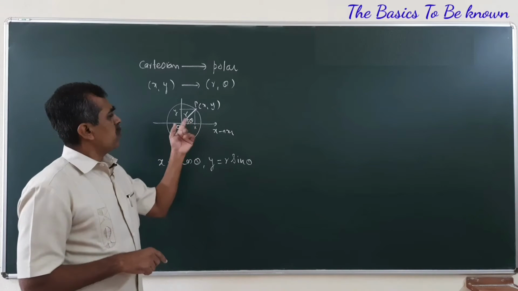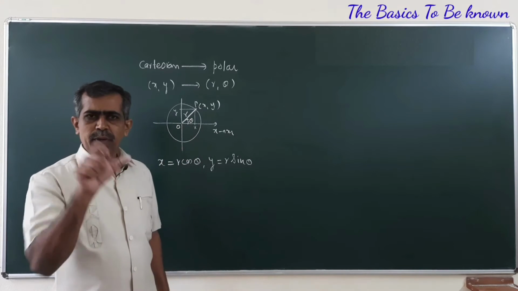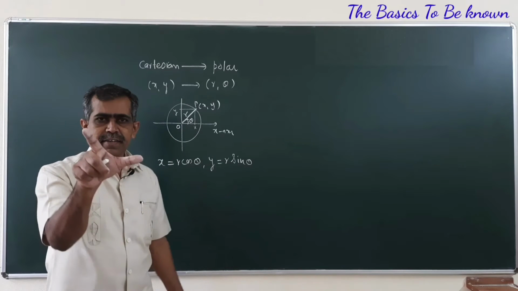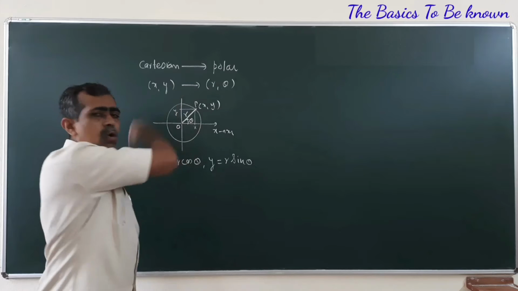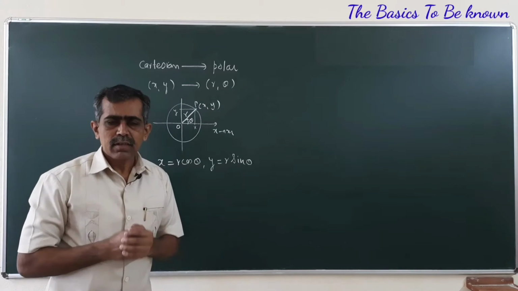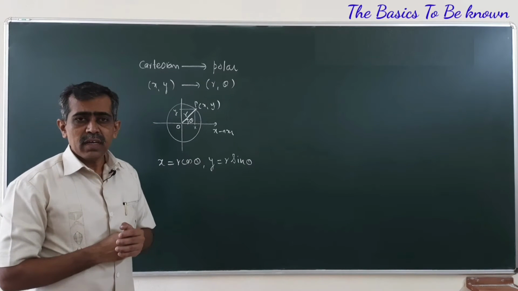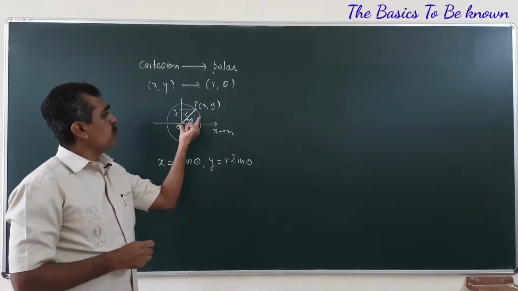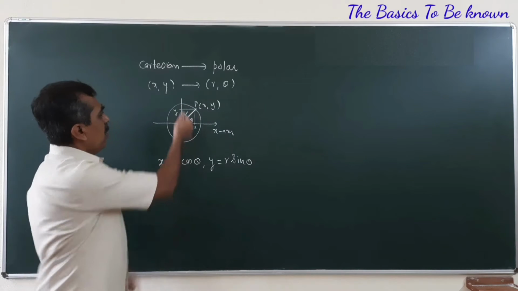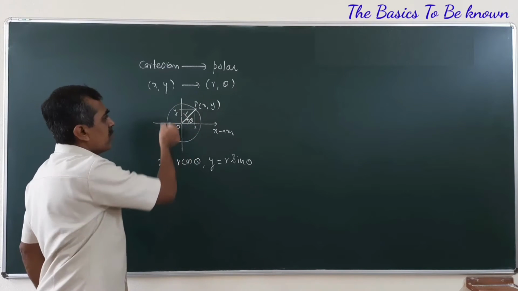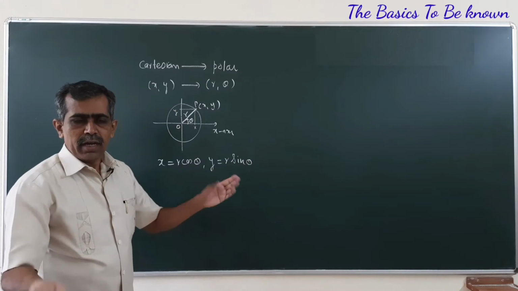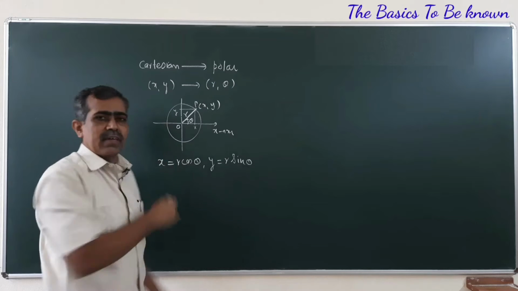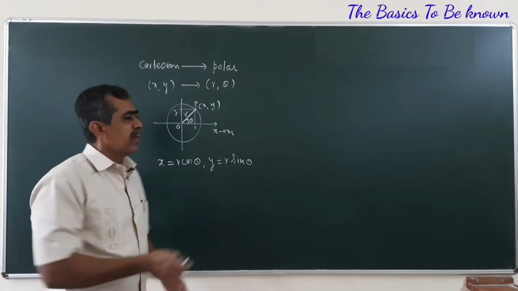Now, r is fixed for a given circle; the radius is fixed. If I want to describe all the points on the circle, what do I have to vary? For any point P on this circle, r remains constant.